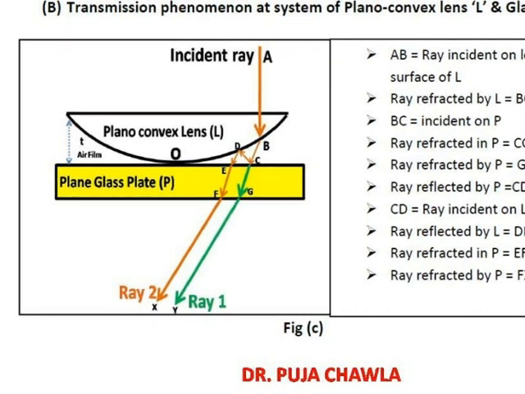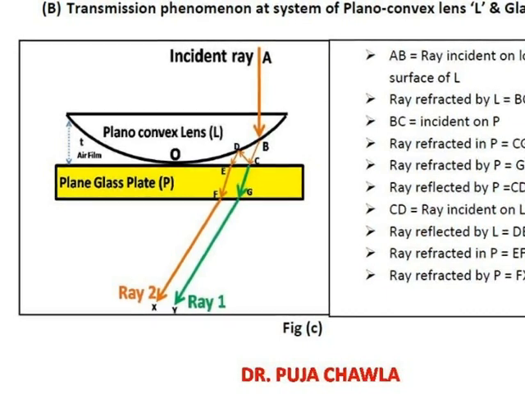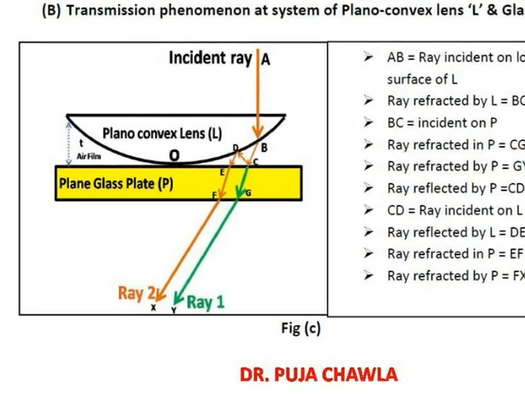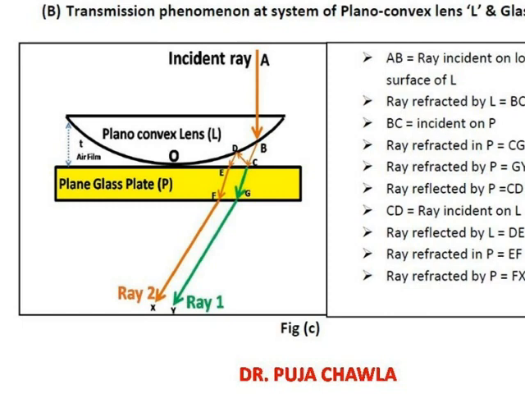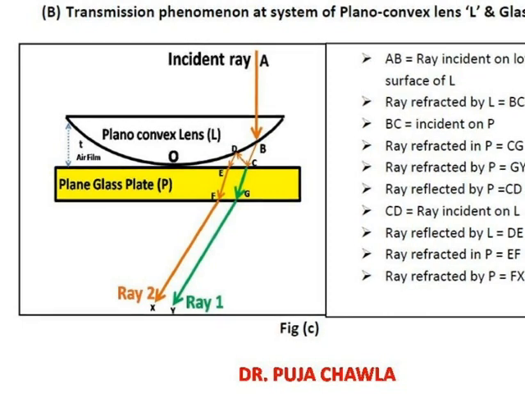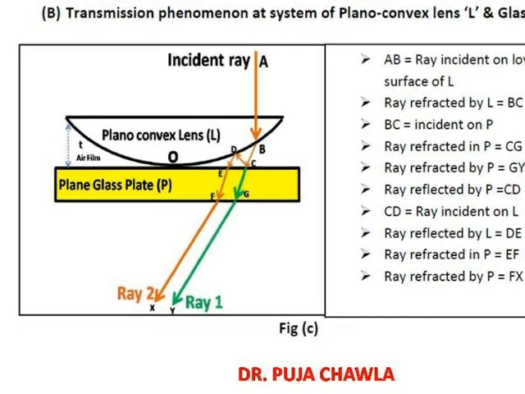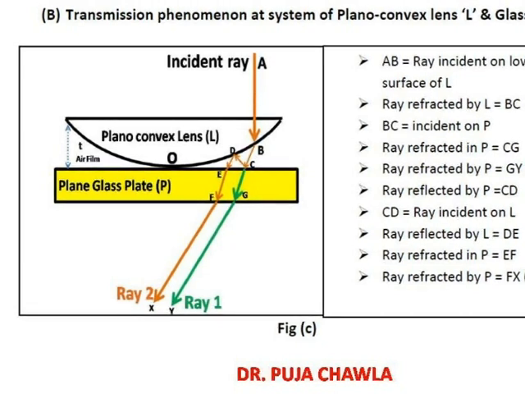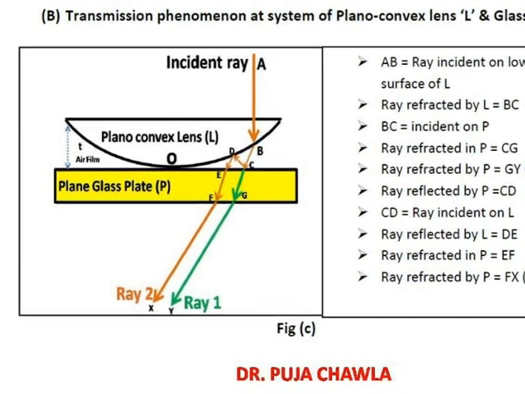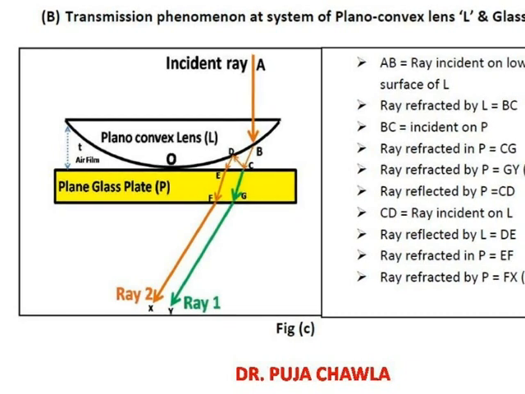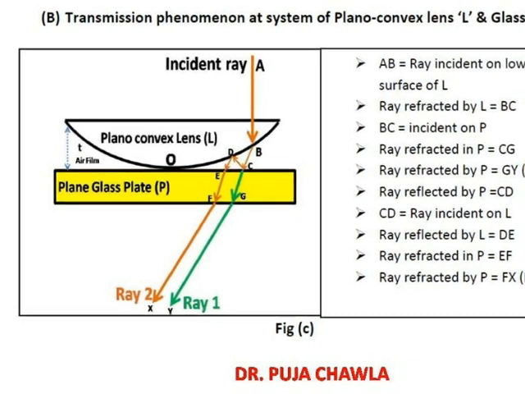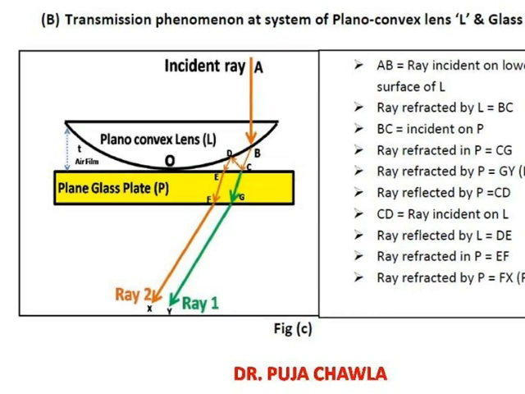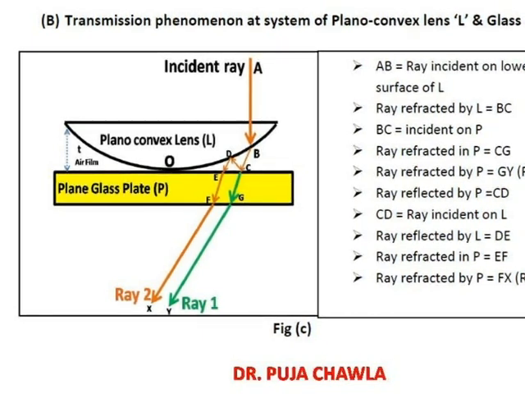The refracted ray is BC. This BC ray is incident on the plane glass plate P. It is directly transmitted through the glass plate P and emerges as ray number 1. Clear? That means we have two rays, ray number 1 and ray number 2, the green ray and the orange ray, that are transmitted out of the plano-convex lens system.